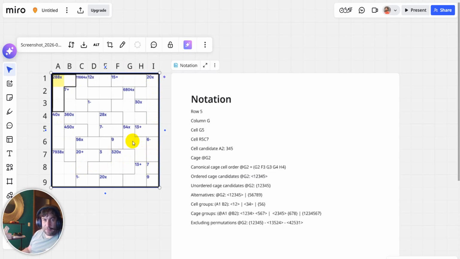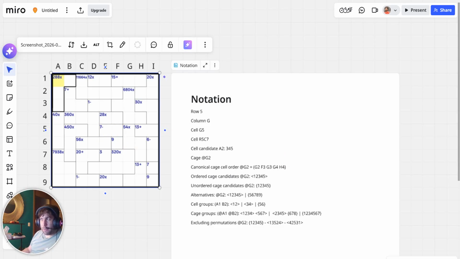Some might have only plus and minus. Some might have additional operations. Also important to mention that minus and division will be present only in cages with two cells. However, I've seen also a version of the puzzle without this limitation.